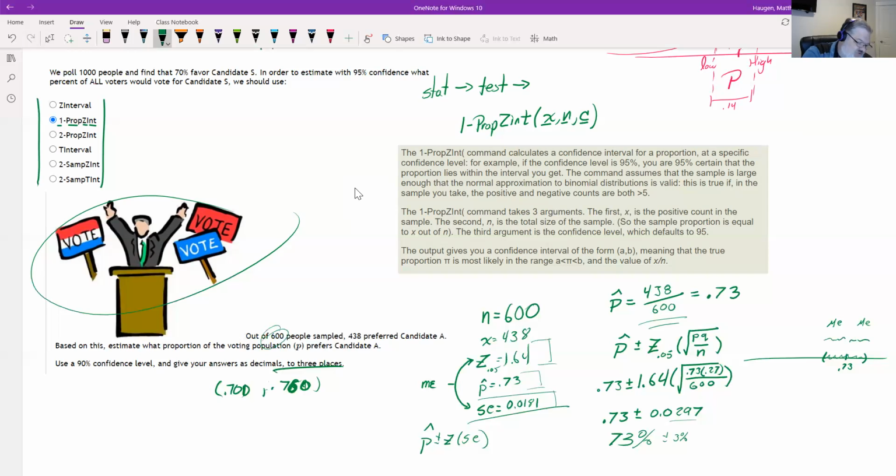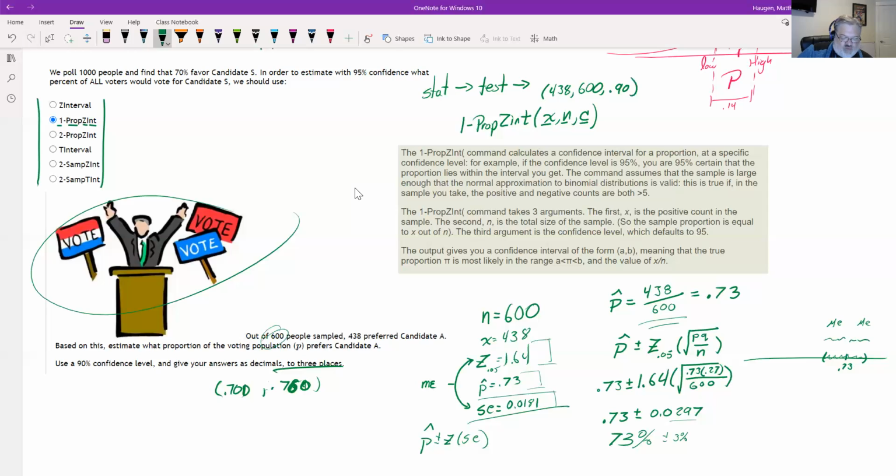In some ways, this question, which is number 8, is almost set up perfectly for this, because we're told 438 of the 600, and we want 90%. So it's given to us in that form, which I suppose is nice, and probably something they did on purpose.